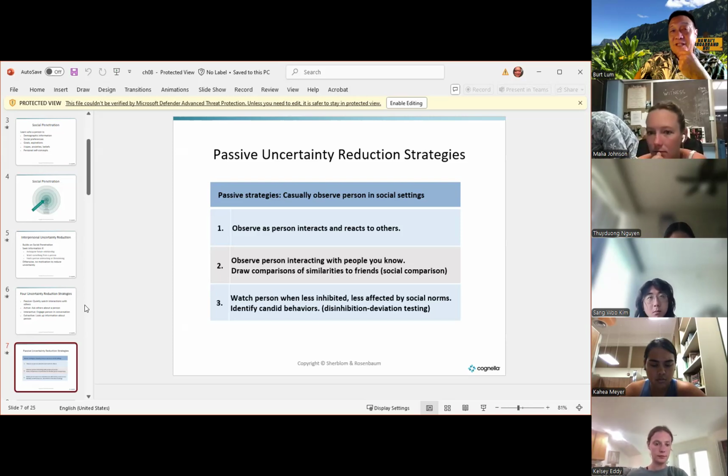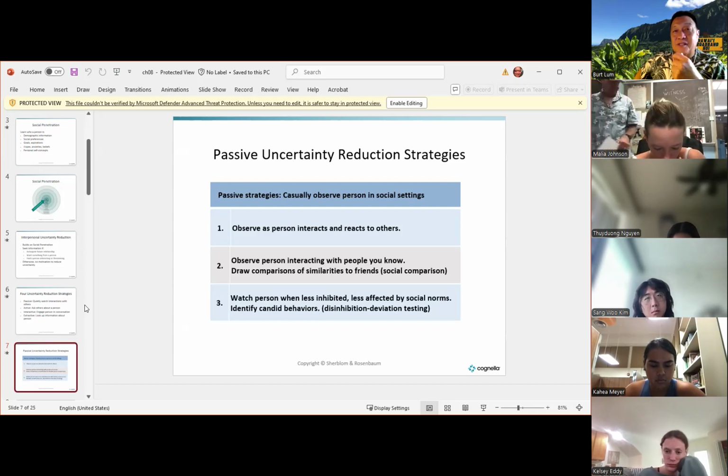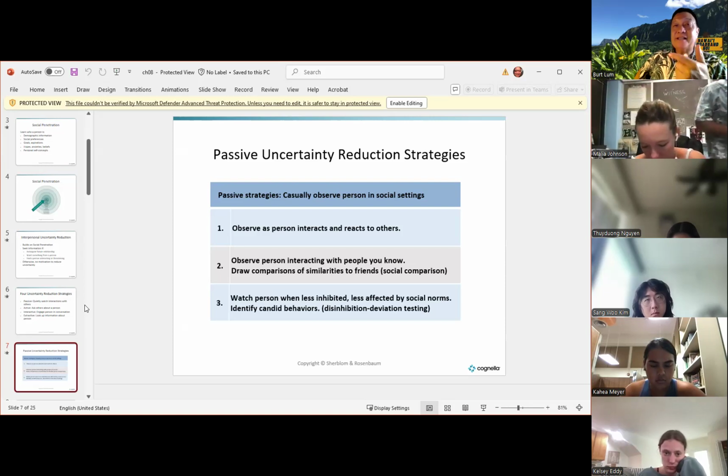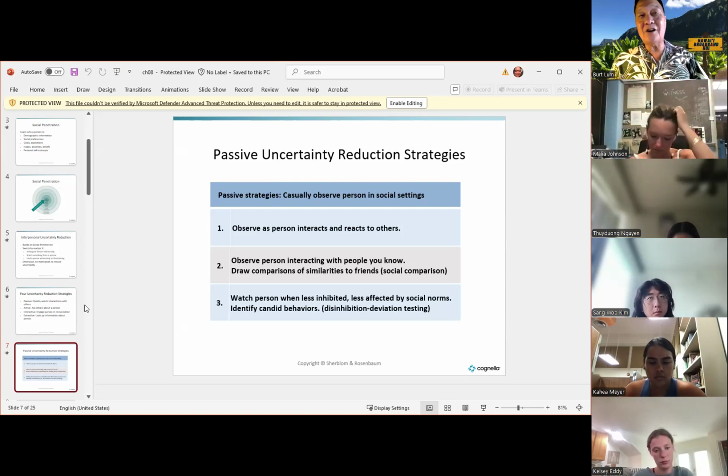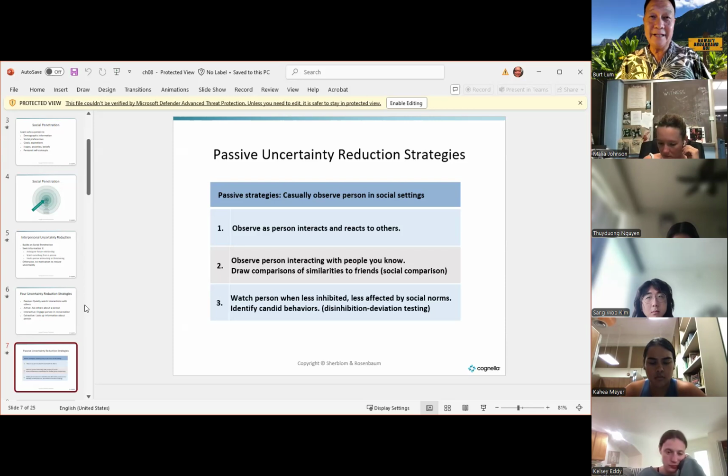And then you can observe people interacting and draw comparisons or similarities to friends. If you know somebody and you see somebody interacting with somebody else, and maybe you know what their character is, you can get a gauge as to who that other person you're trying to assess actually is. And then the third one here is watch persons when less inhibited, less affected by social norms, to identify candid behaviors.